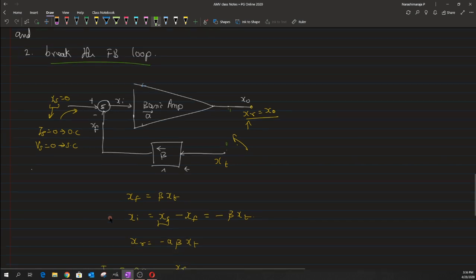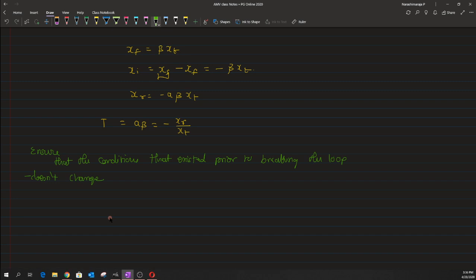But what one has to ensure is that you can break at any point, provided the conditions that existed prior to breaking the loop should not change. Okay. So in general, this can be achieved by terminating the loop where it is opened with an impedance equal to that seen before the loop was broken.